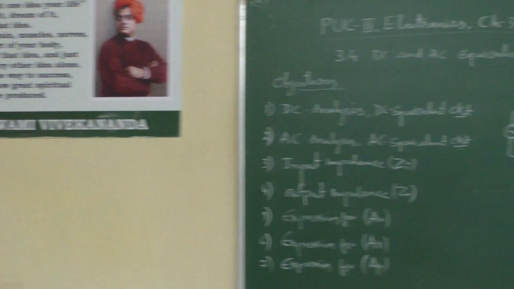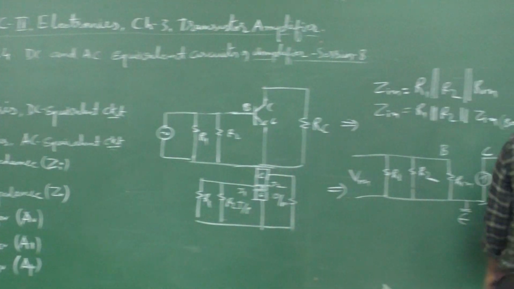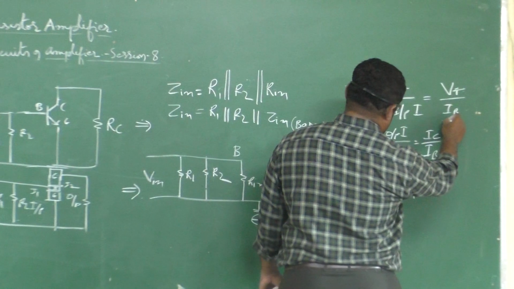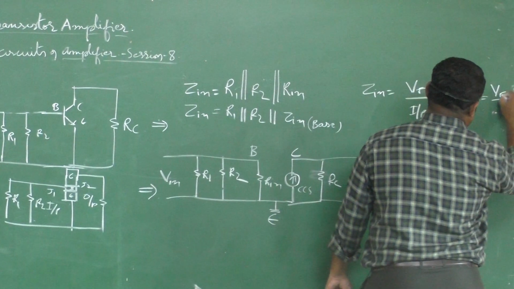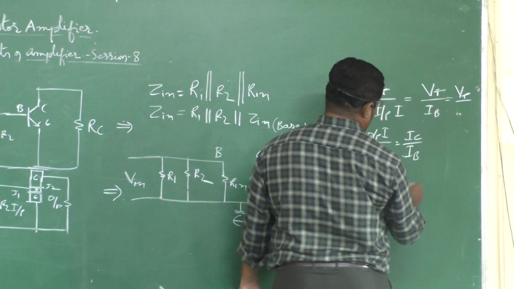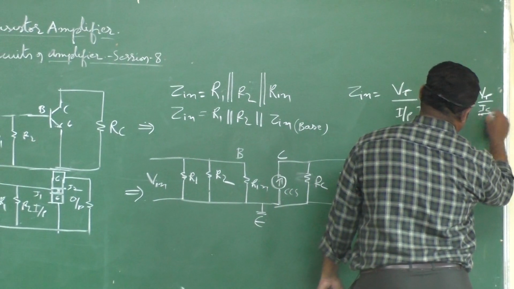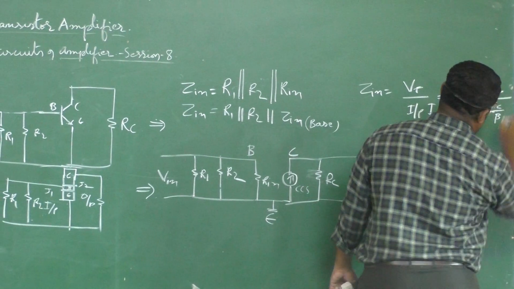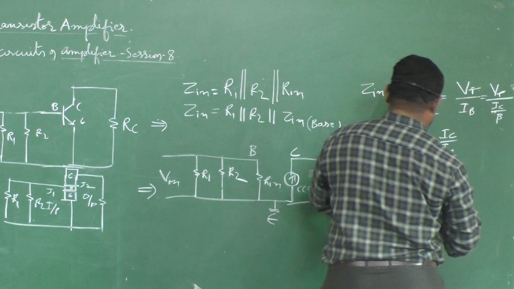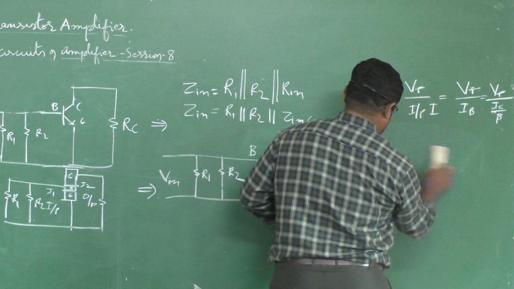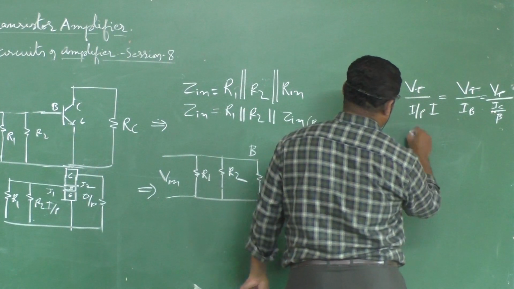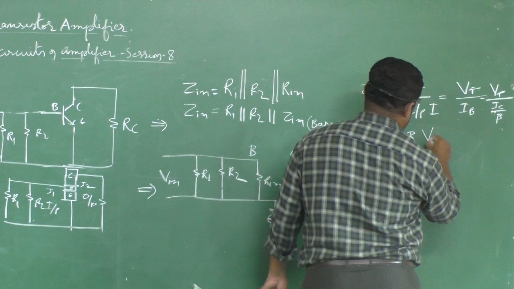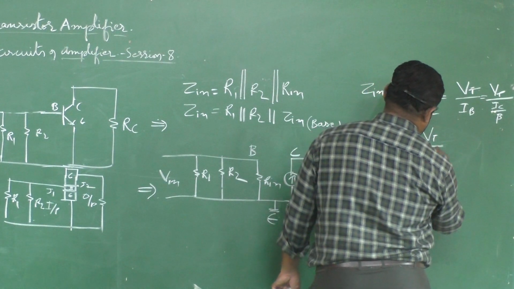Here we need to substitute: instead of Ib we write Vt divided by Ib, where Ib is equal to Ic divided by beta. When we rewrite that, what we get is beta into Vt divided by Ic.